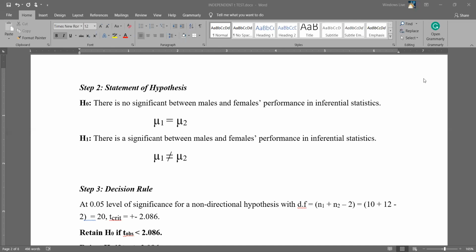You remember I said when it comes to inferential statistics, we transform it into a normal curve distribution. There's a reason why we call it two-tailed. Let me draw the normal curve.